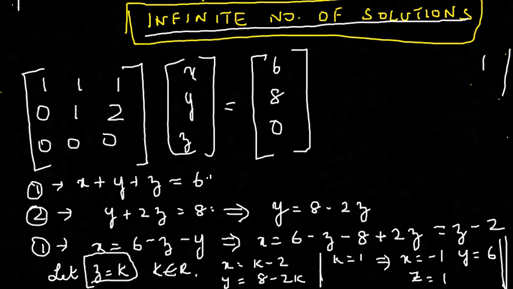It can be any value, and we substituted z equal to k, and we got x and y in terms of k. And then when we substituted, for example, k is equal to 1, we wrote what could be the possible solution. But likewise, you can put any value of k and you can get different solutions. Therefore, you can say the system has infinite number of solutions.